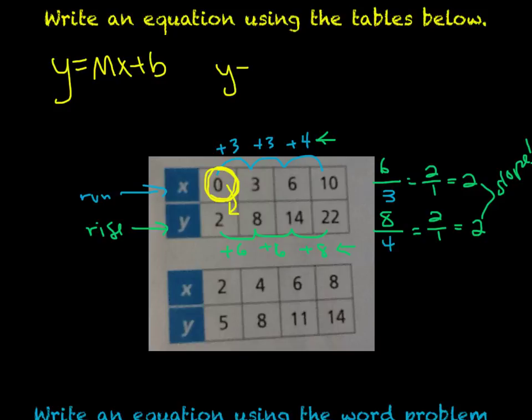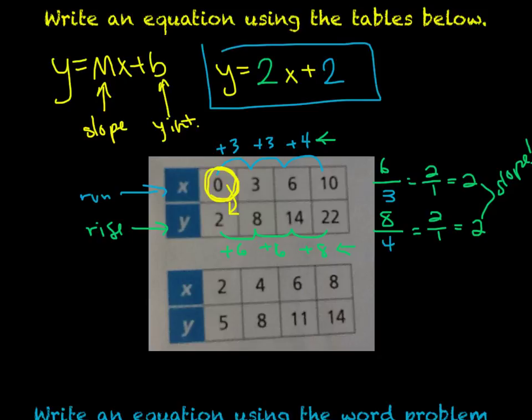So our slope is that m, and that b is our y-intercept. We've been talking about this for a while. Slope is our m, and in this case our slope is 2. We're going to add our x in there, and now we need to add our b, which is also a 2. So there is our final equation for this particular table. Y is equal to 2x plus 2.